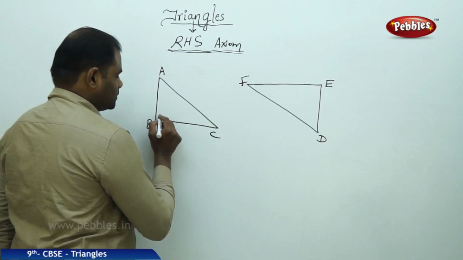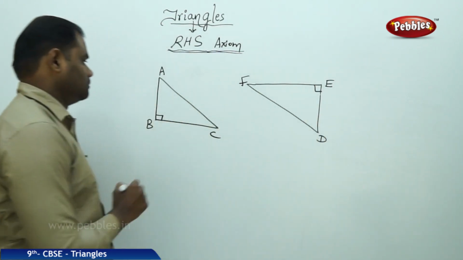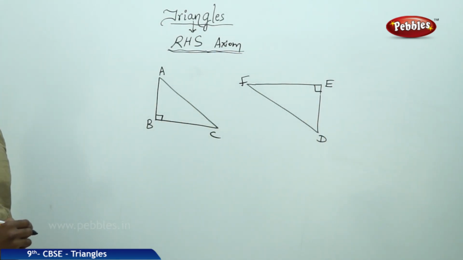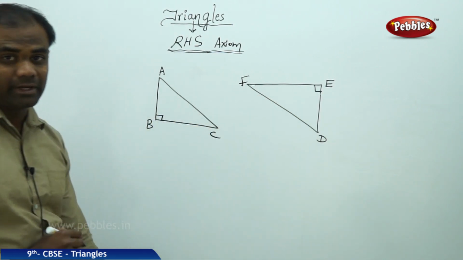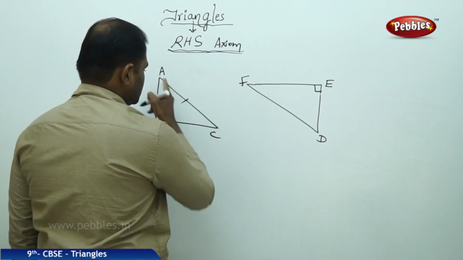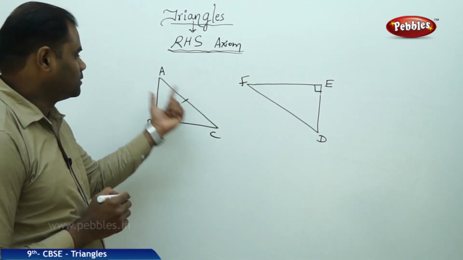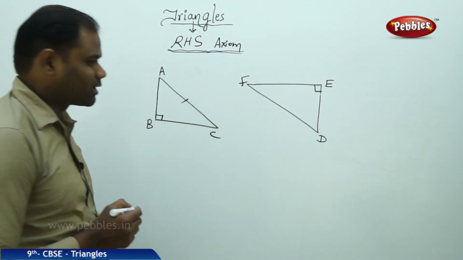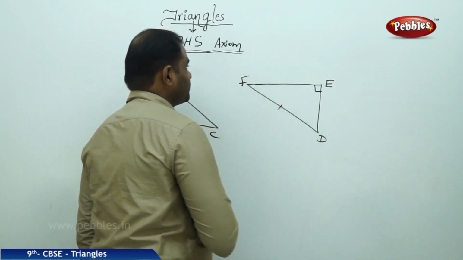This is right-angled at B and this is right-angled at E. Now imagine I have my angle B which equals angle E, which are right angles, and clearly my hypotenuse here is AC because this is opposite to 90 degrees. So AC is the hypotenuse for the first triangle and FD is the hypotenuse for the second triangle.